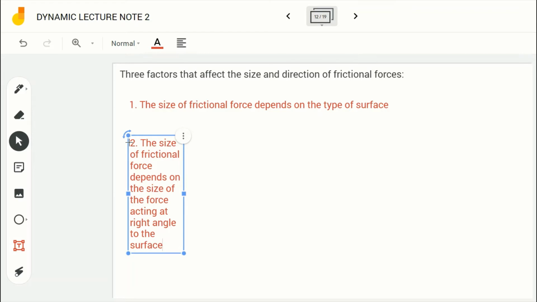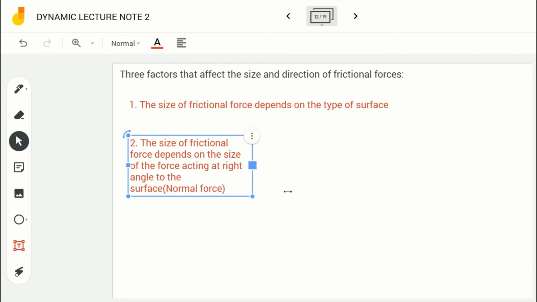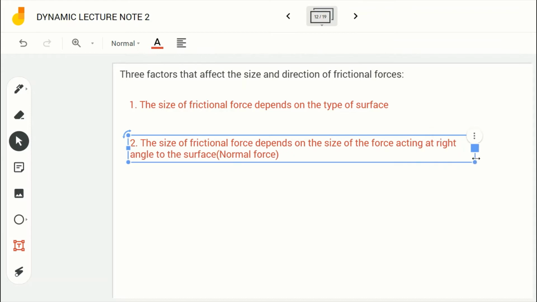That force is called the normal force. In our previous videos, I showed how a normal force acts on a surface. It's a force that always acts upwards, perpendicular to the surface. That is called a normal force.